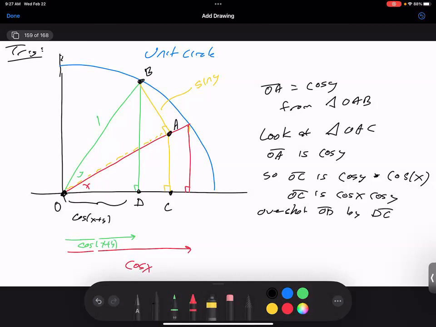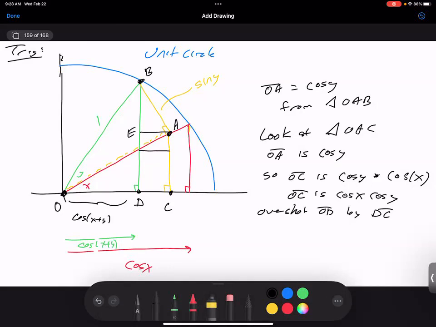Right? So we have to figure out what is the length of DC. Well, fortunately, do we agree that DC is the same as that length over there? And is that the same as this length over here? Well, now if we do that, we don't have nearly enough letters. Let's let this be the letter E.